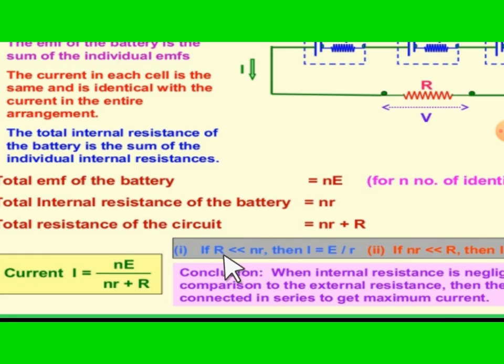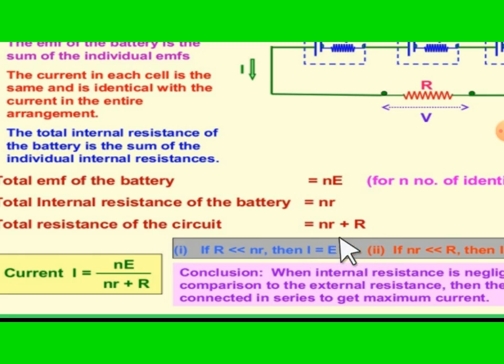This R is so small in comparison to this NR, so this R can be neglected, and the relation will be I is equal to NE divided by NR, right? So when you cancel this N from the two, you will simply get E by small r. That means your total current will be equal to E by r. Got it?